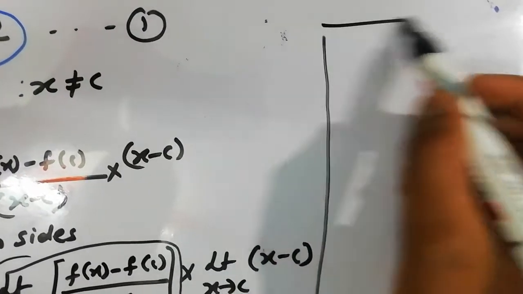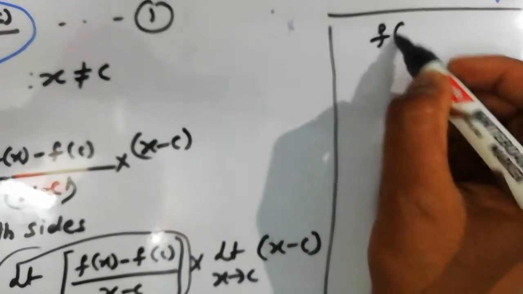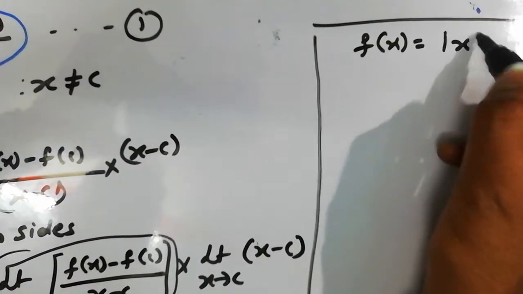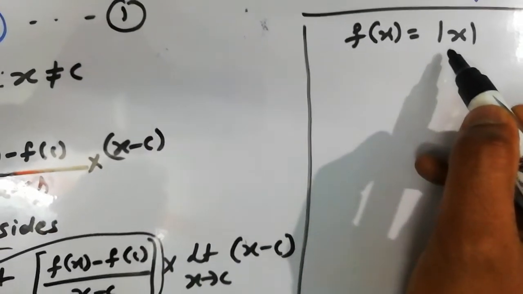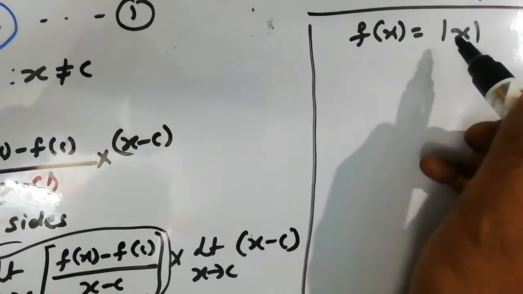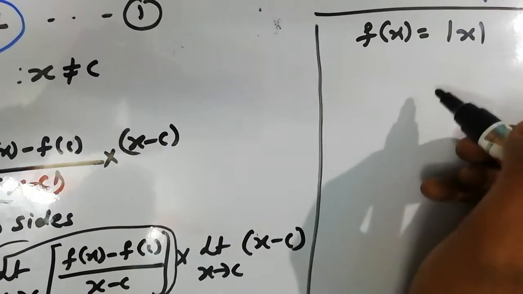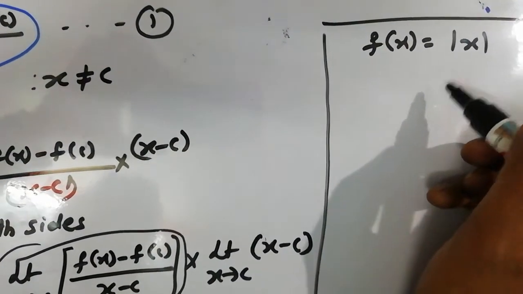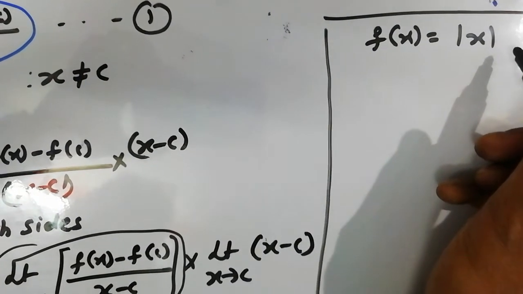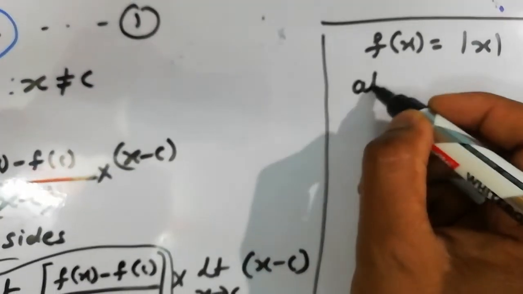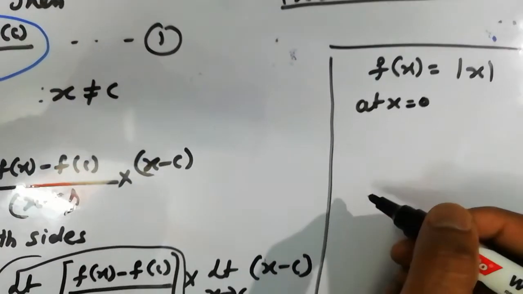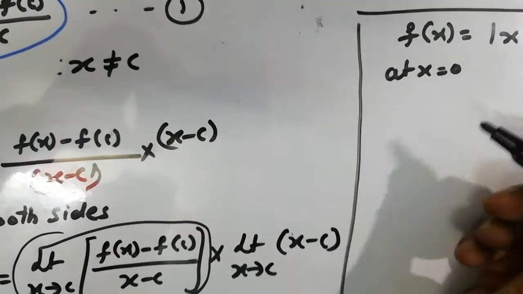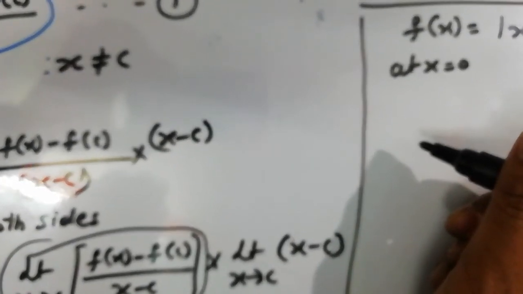See, if I am considering f of x is equal to mod of x. Now as we know, every modulus function is a continuous function. Now see, this modulus function is not differentiable at the given point x equal to 0. So at x equal to 0, let's start with this one. If it is differentiable, then what does it mean?